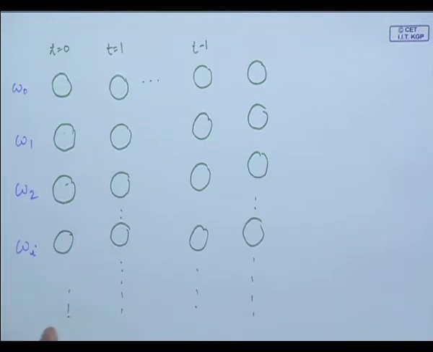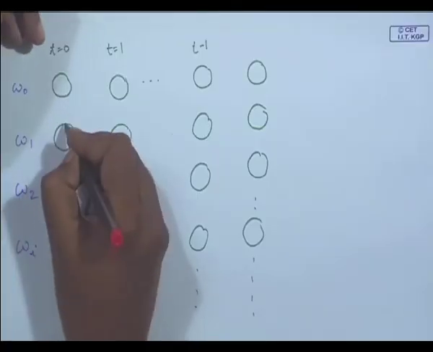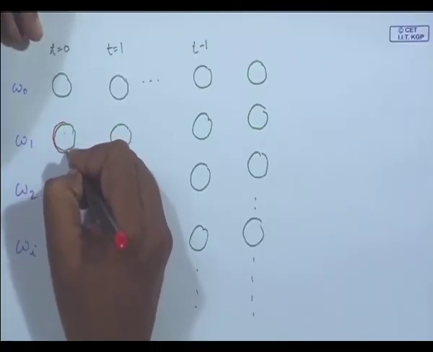So, you find that if somehow I know at t equal to 0 what is the hidden state in which the machine is, let me assume that at t equal to 0 the machine is in hidden state, say omega 1.